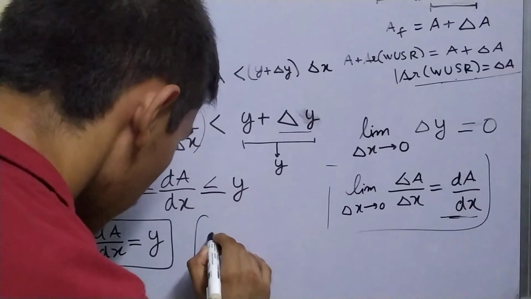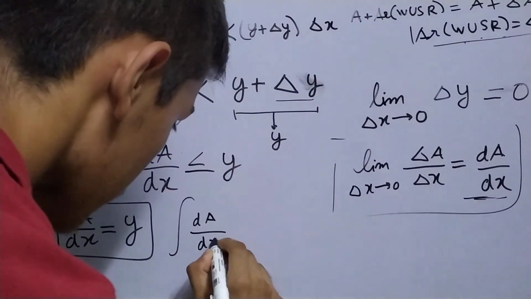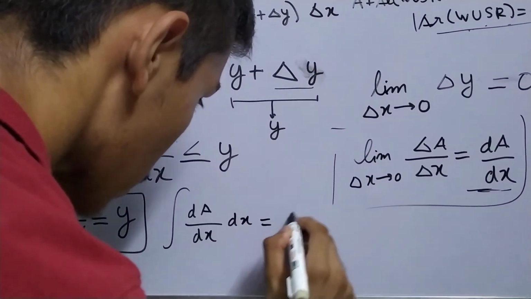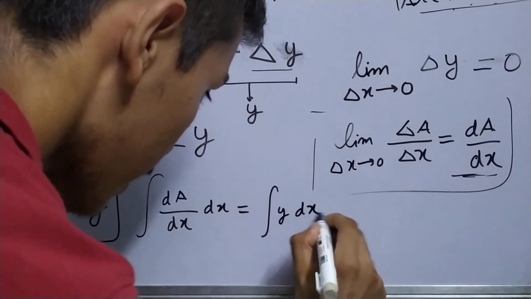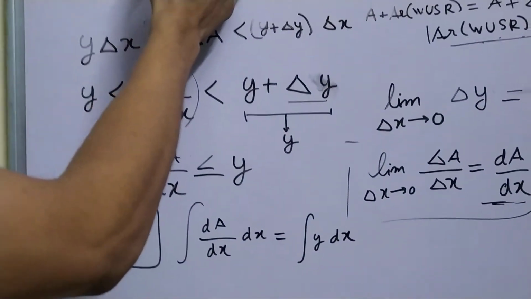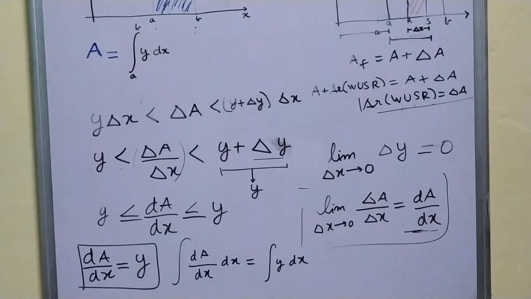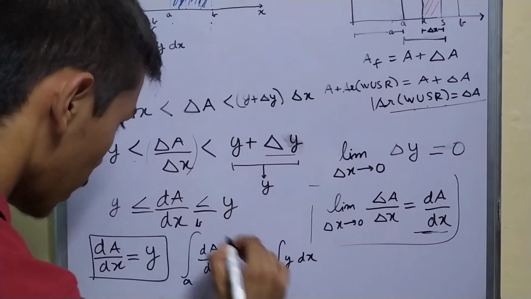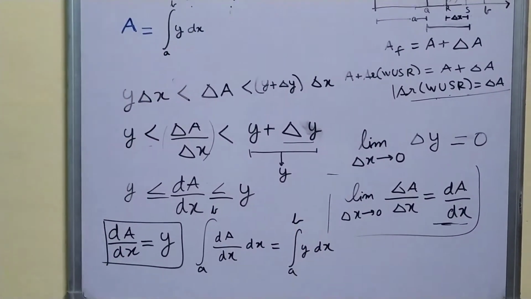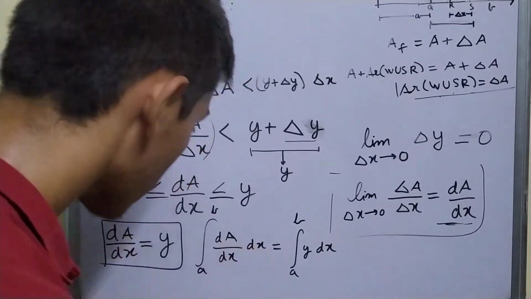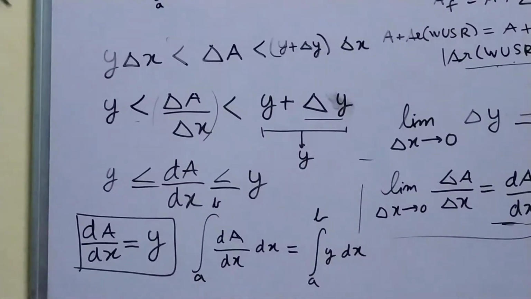So we integrate dA by dx equal to the integral of y dx, and take the limits from a to b because that is what we want to find. Now what is this term?